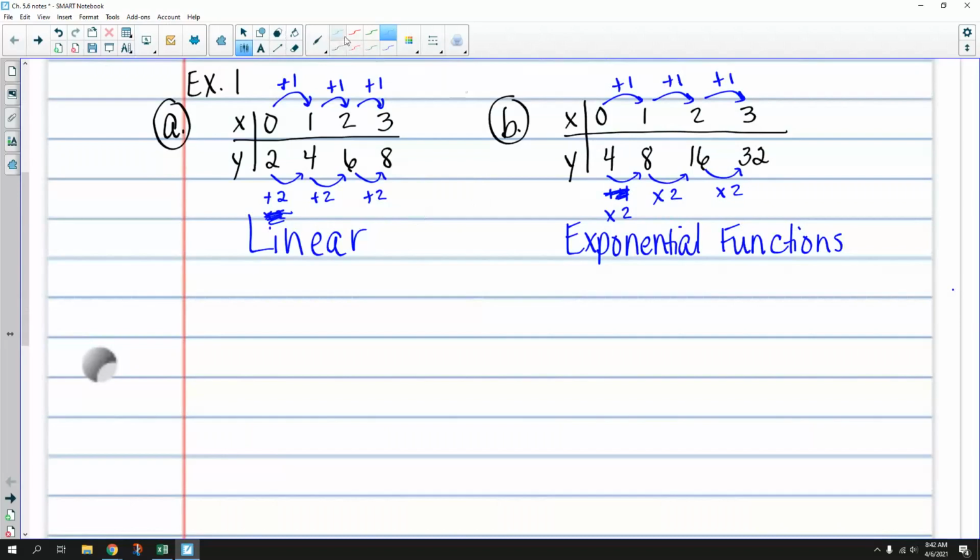Let's say, for example, you get a problem that's asking you, this is actually example number 3 from the book.